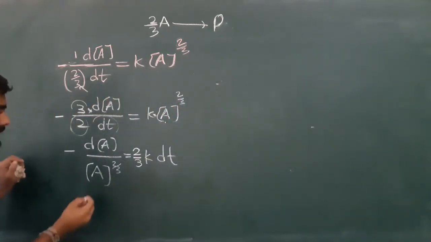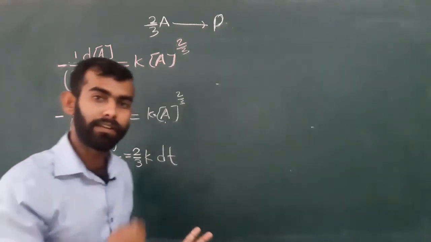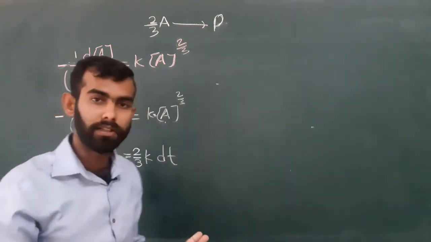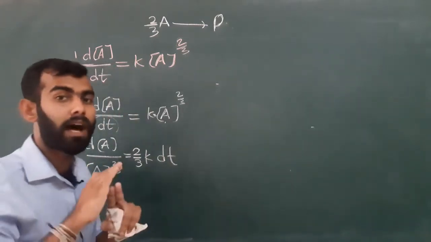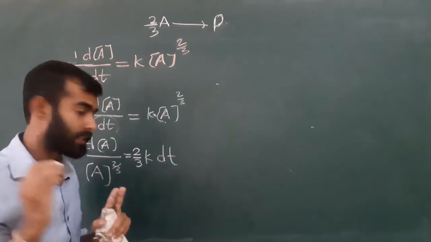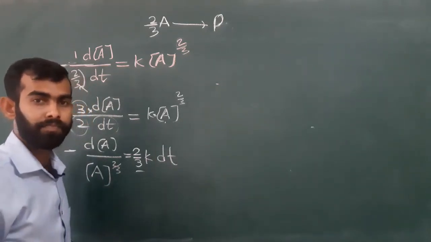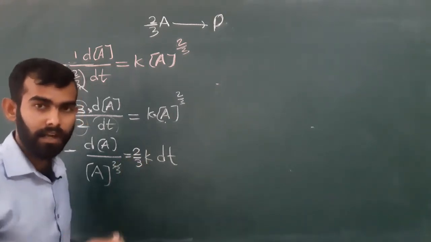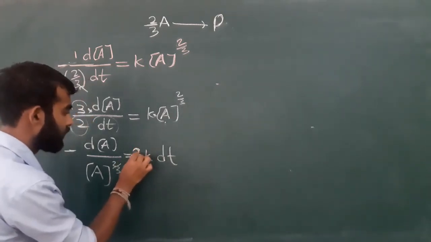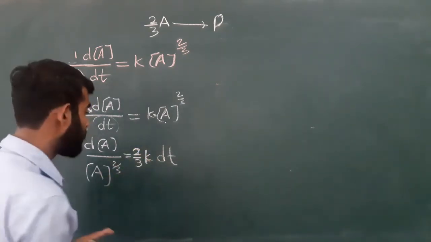Okay, how can we integrate? I will introduce the integral mark. When introducing the integral mark, what should we be concerned about? Negative and positive signs we can't integrate, and numbers and constants we can't integrate. So 2 over 3 and k are all constants, so we can't integrate them.